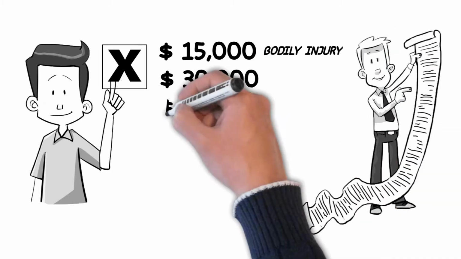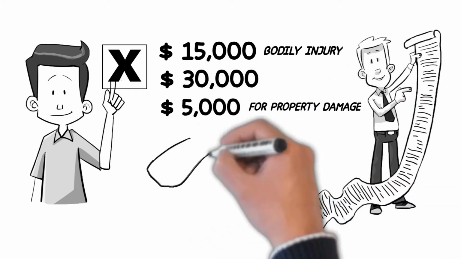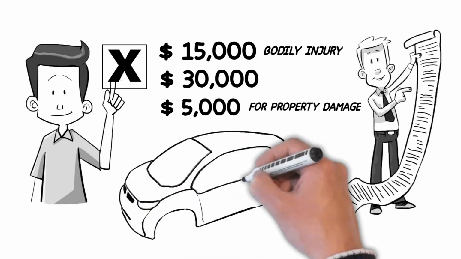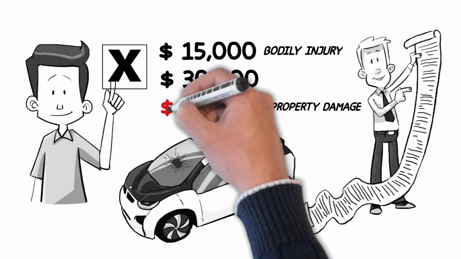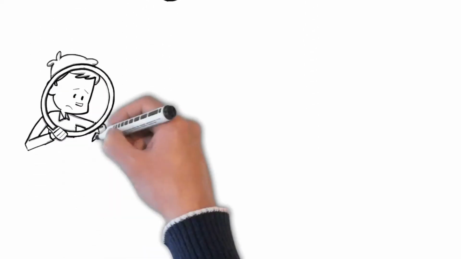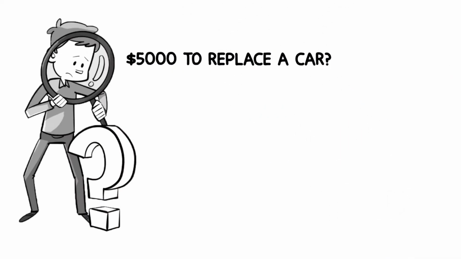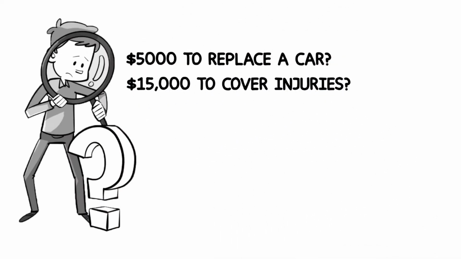The other element for liability insurance is $5,000 for property damage. So if you hit someone else's car in an accident, your insurance company can pay up to $5,000 to repair or replace the damaged vehicle on your behalf. You might be wondering now why $5,000 to replace a car, or $15,000 to cover injuries.